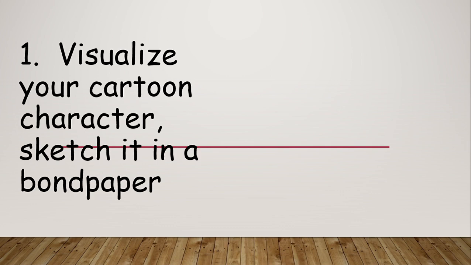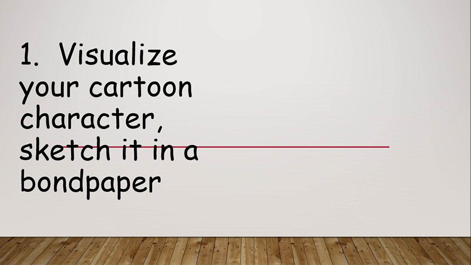Step one is we're going to visualize your cartoon character and sketch it on a bond paper. When we say visualize, we need to first think about our plan, what we are going to draw. And of course, we also need to prepare our sketchboard, bond paper, pencil, and eraser. Those are the materials.